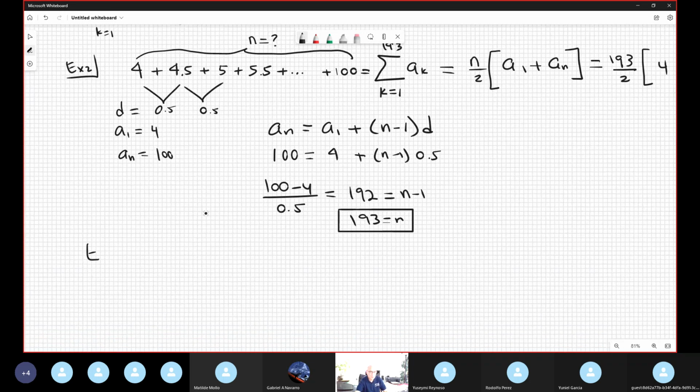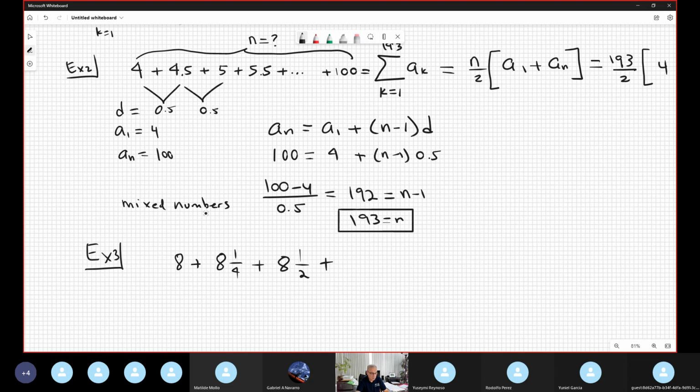Suppose example 3, and you help me. Example 3 is 8 plus 8 1/4, using mixed numbers, plus 8 1/2 plus 8 3/4 plus 9, and so on until 50.